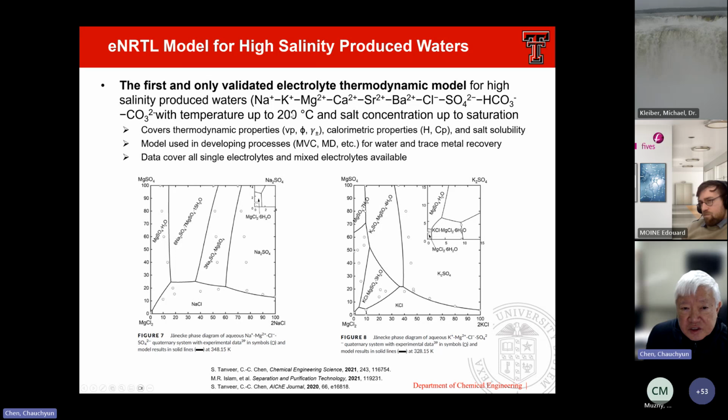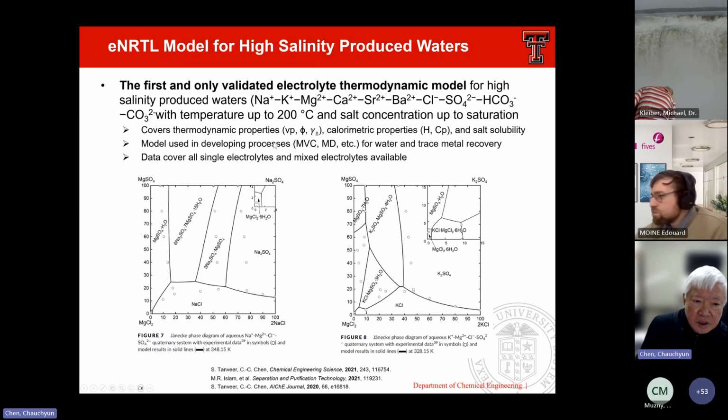So the model covers sodium, potassium, magnesium, calcium, strontium, barium, chloride, sulfate, bicarbonate, and carbonate, with temperature up to 200 degrees C and concentration up to saturation. It covers all the thermodynamic properties and calorimetric properties and salt solubility. And the model has been used in many research groups right now to develop novel processes to treat water and to recover the trace metal ions.